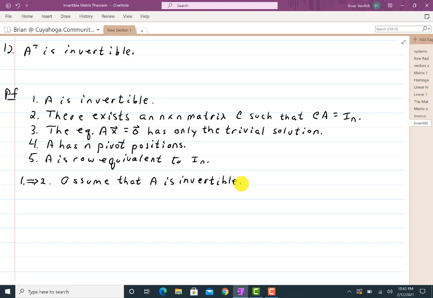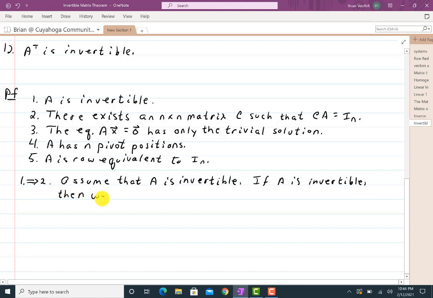Well, this is no big deal. If A is invertible, then we can use C equal A inverse to get CA equals A inverse A, which we know is equal to the n by n identity matrix.